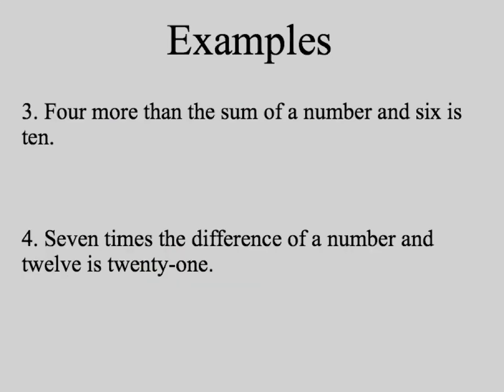Let's continue with example 3. 4 more than the sum of a number and 6 is 10. So we have 4 more than. Remember, this is one of those starred words. And then it says the sum of a number and 6. Because more than is one of our starred words, we have to have the sum of a number and 6 first.